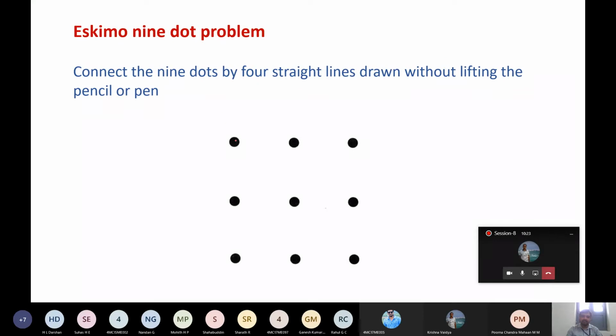If I go for connecting like this, 1, 2, 3, 4, one dot is left.